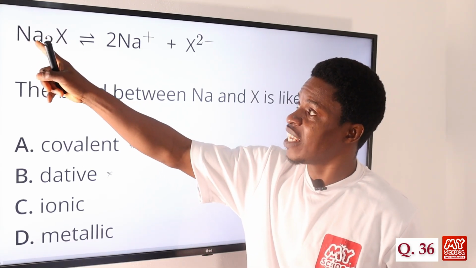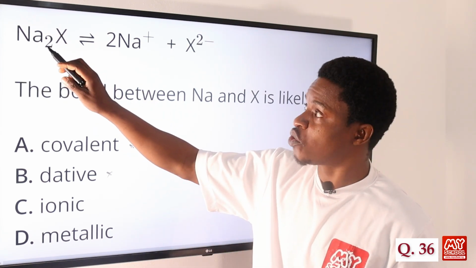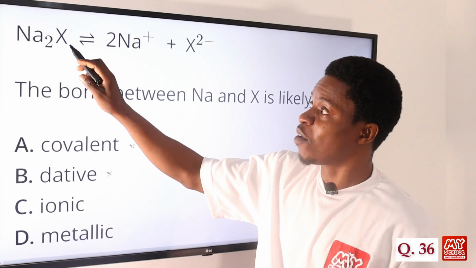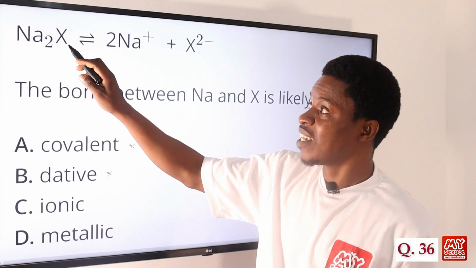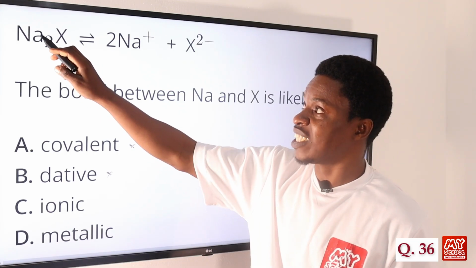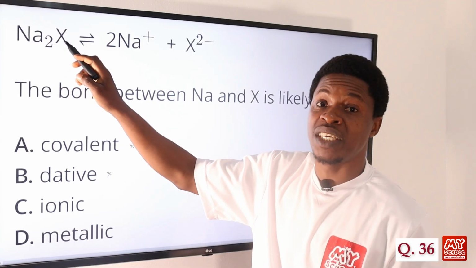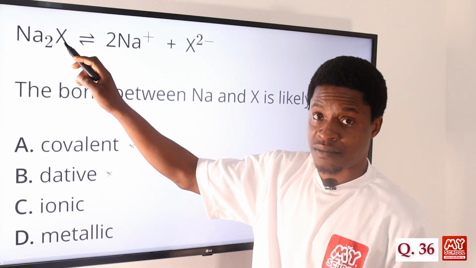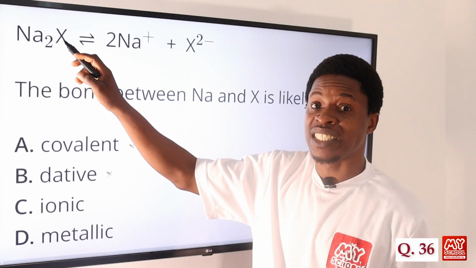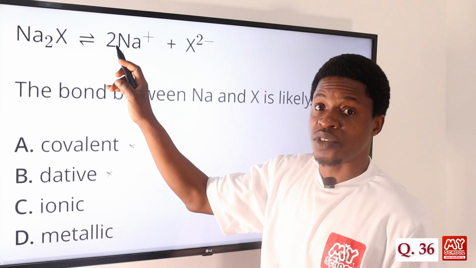So for us to have Na2X, it actually meant that initially these two, before they bonded, came from the sodium and this X. If the X received 2 from the sodium, this is positively charged and this is 2 minus, so it would definitely have been a non-metal, because it is the one that received 2 electrons from the sodium.